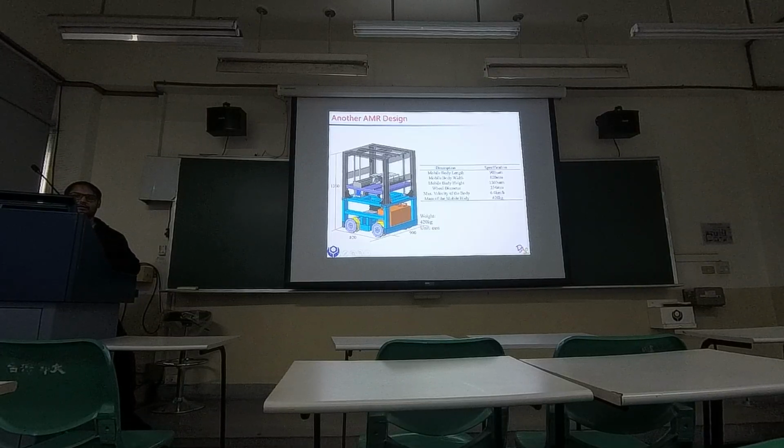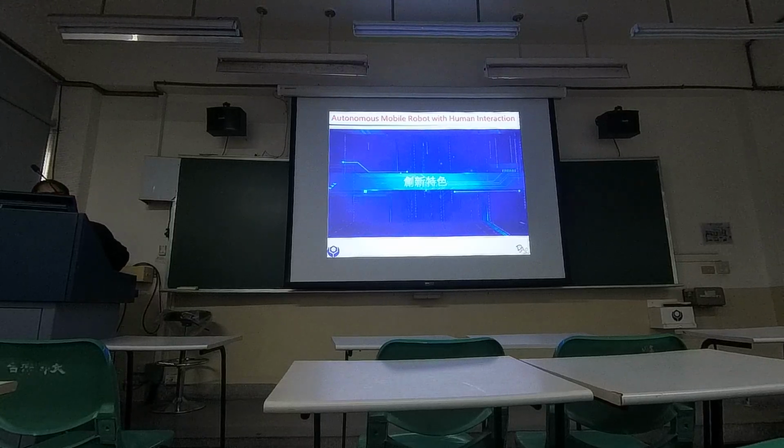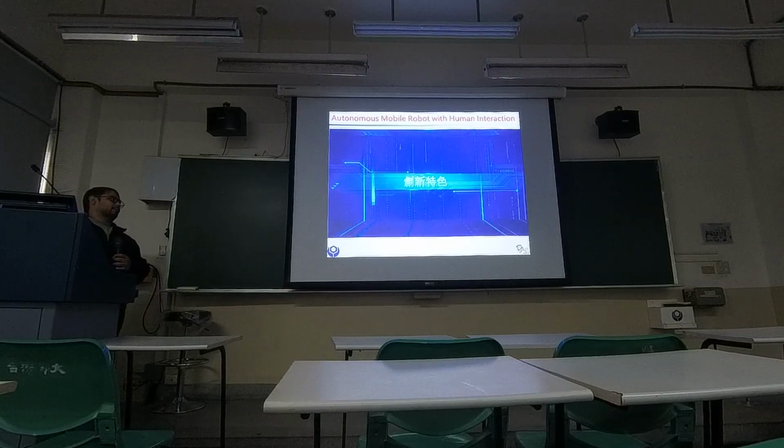So we developed a different machine with 2 layers. This is called the chassis layer and this is called the application layer. For loading and unloading, you can see the video of the live demonstration of the mobile robot.